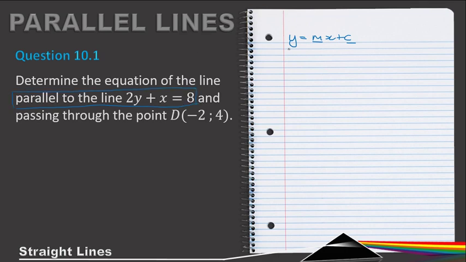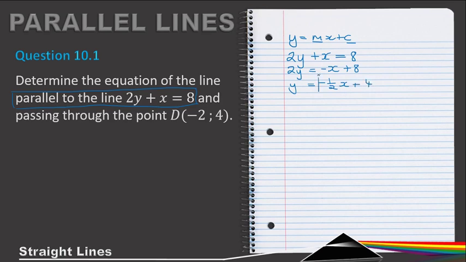So let's take the line that they have given us and put it in standard form so that my y is isolated and my x is on this side. First let's take the x over, minus x plus 8, and then I need to isolate y, so divide everything by 2. So we get minus a half x plus 4.